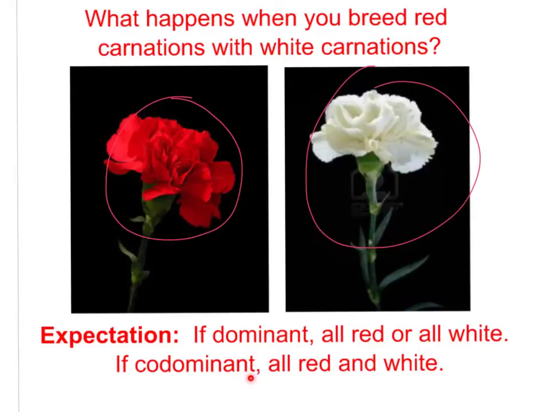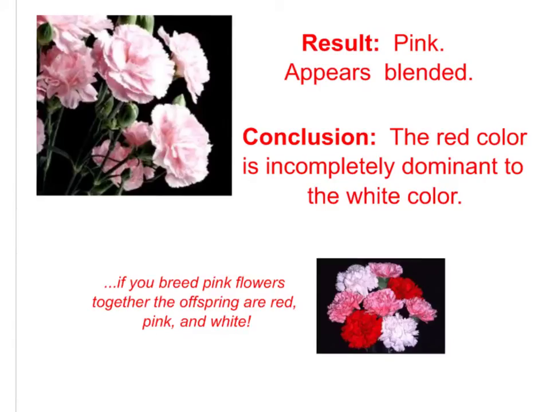Well, let's see what actually happens. Wow, the result when we do this in real life is pink. We get pink carnations. Isn't that unusual? Well, that certainly isn't the simple dominant inheritance. It is not codominant inheritance. It is something else.